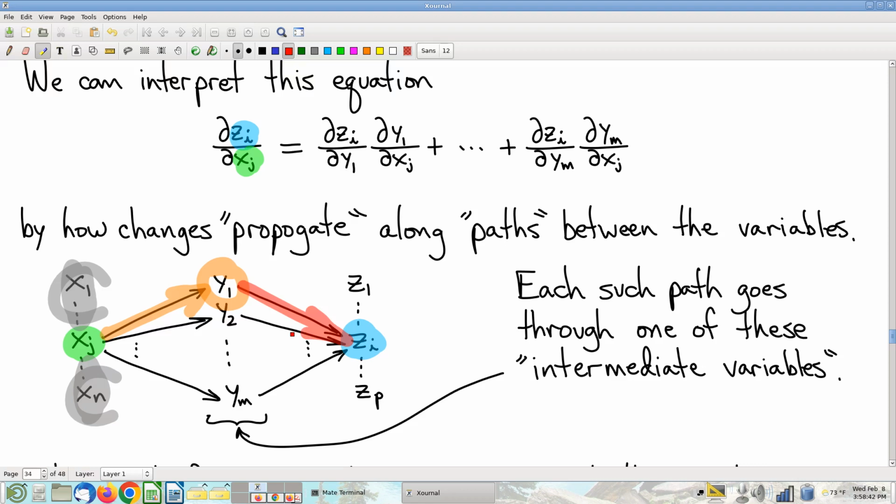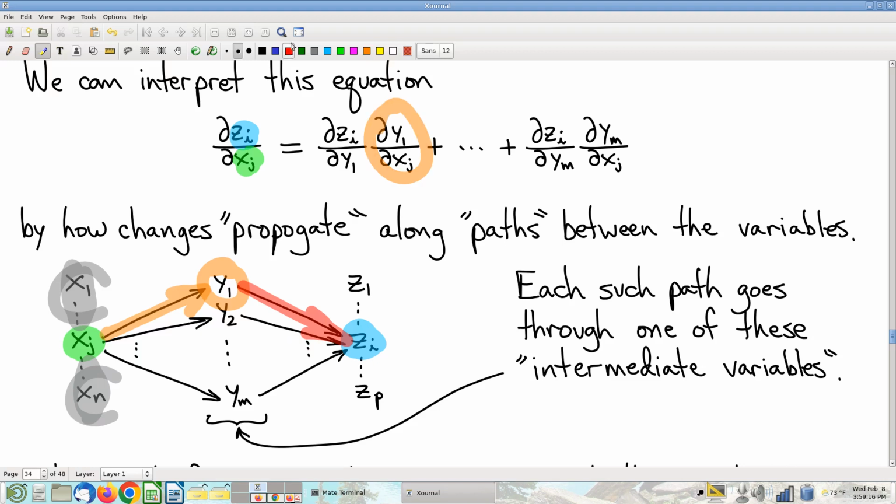Right? And furthermore, I can tell you sort of the magnification effect each step along the way here. However much change there is in xj, by what factor is the change in y1 different from that? Well, the multiplicative factor, or input change to output change, is what a partial derivative is. So the factor of change along this orange arrow is partial of y1 with respect to xj, which you see right there.